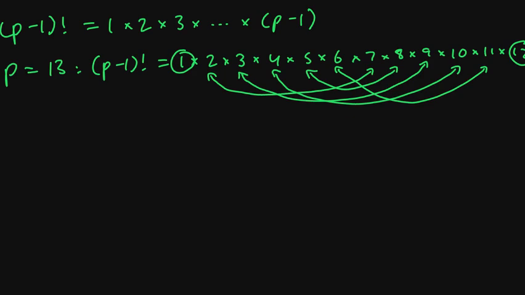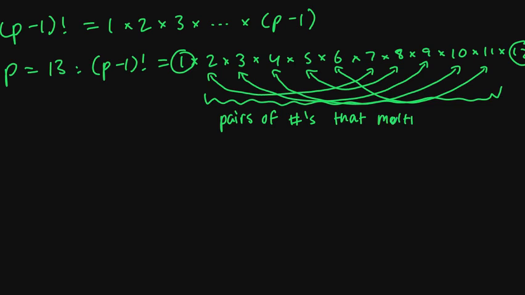So, since we can break this region down into pairs of numbers that multiply to 1 mod p, I'll write this down: pairs of numbers that multiply to 1 mod p.